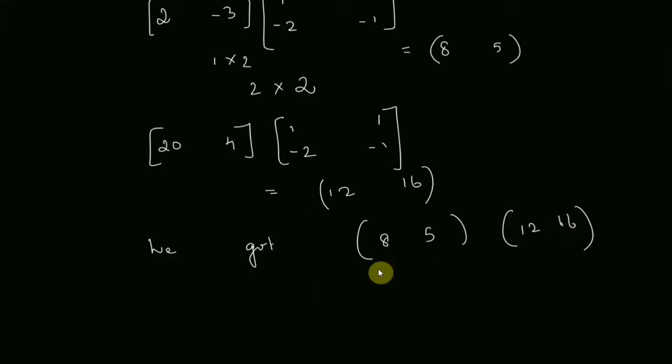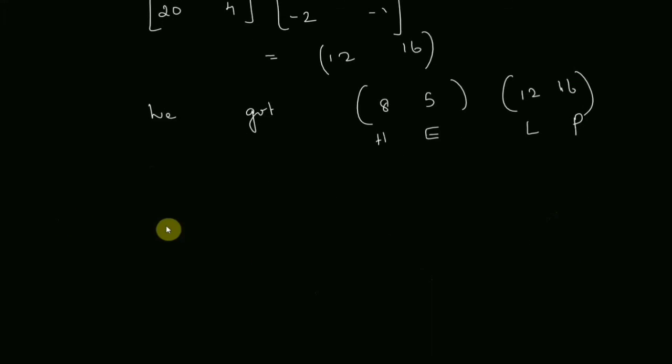So 8 will become H, 5 will become E, 12 is L, and 16 is P. So the message received by B is HELP. So B decoded the message by using the inverse of the encryption matrix. So this process is called decryption.